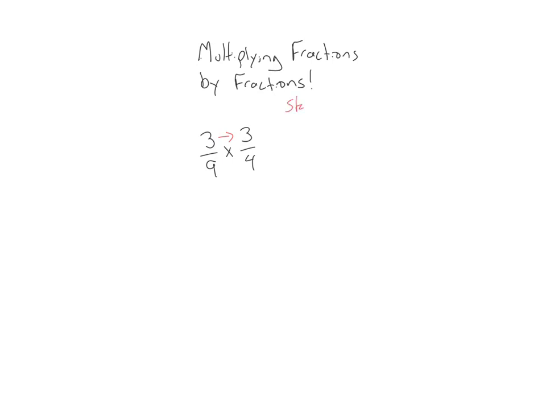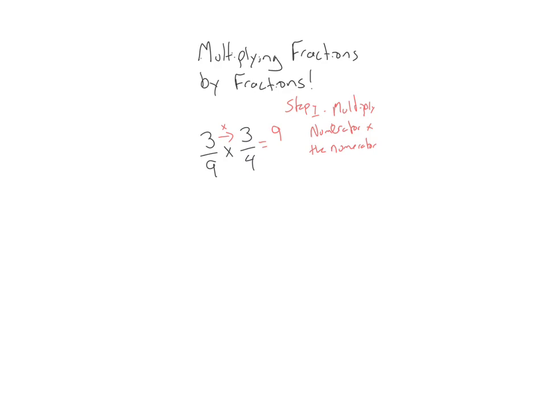So step one is multiply the numerator times the numerator. Okay, and in this case, 3 times 3 equals 9.